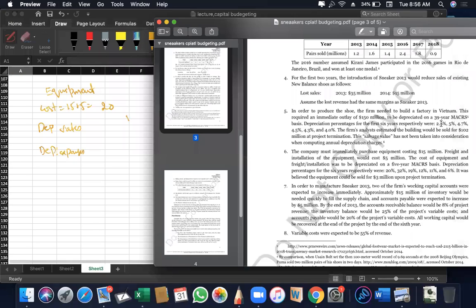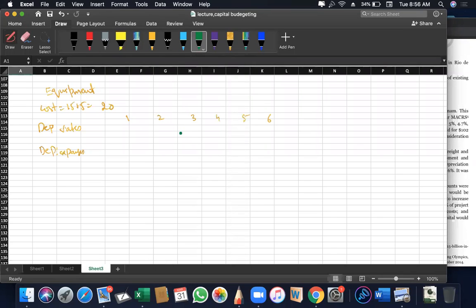The rates are given: 20%, 32%, 19%, 12%, 11%, and 6%.